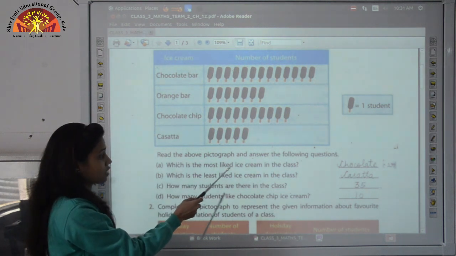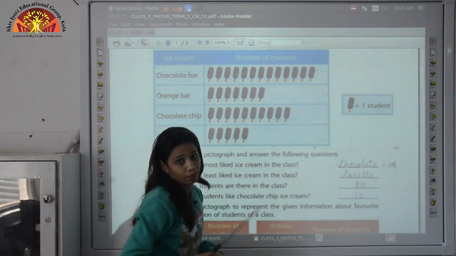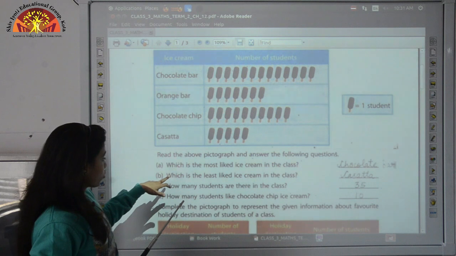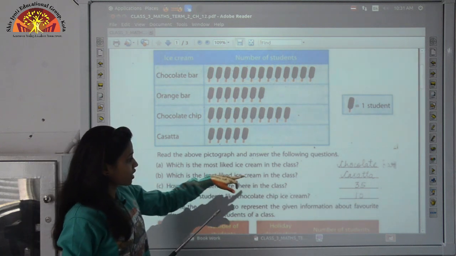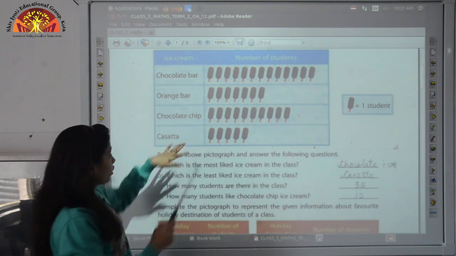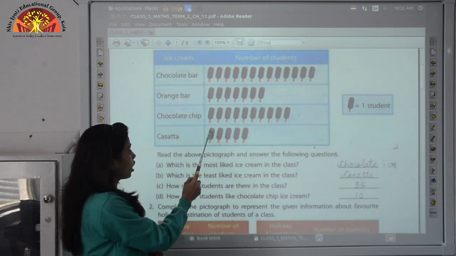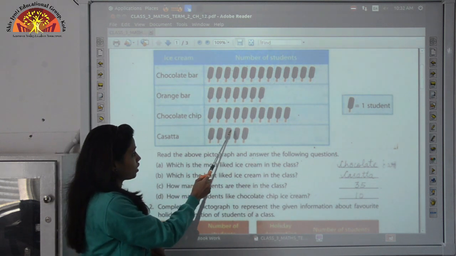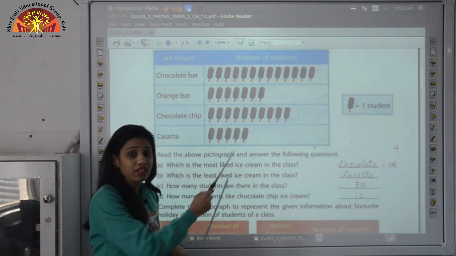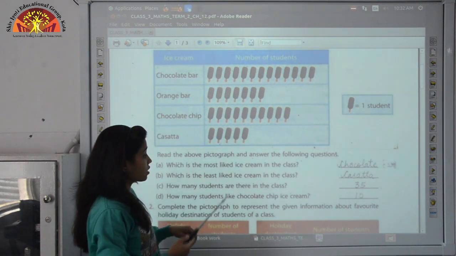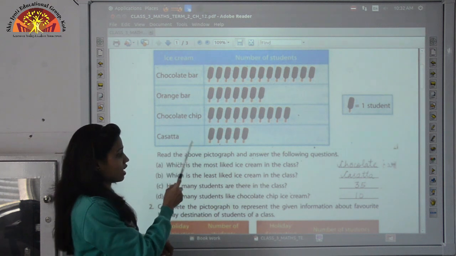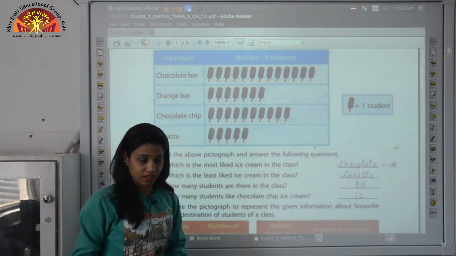So most liked ice cream will be chocolate bar. Coming to the next question, which is the least liked ice cream in the class? Now here you can see less number of ice creams are available. How many? 1, 2, 3, 4, 5. Only 5 ice creams are given. That means cassata is the least liked ice cream in the whole class.